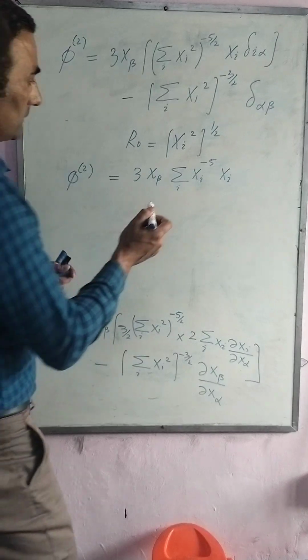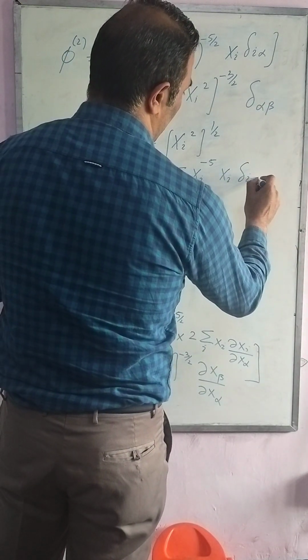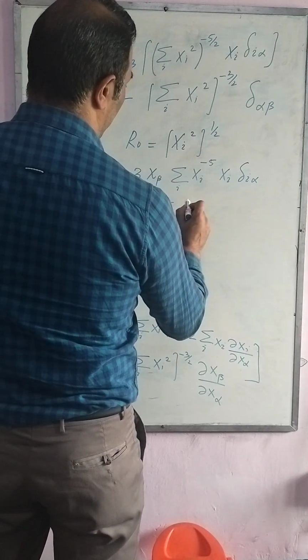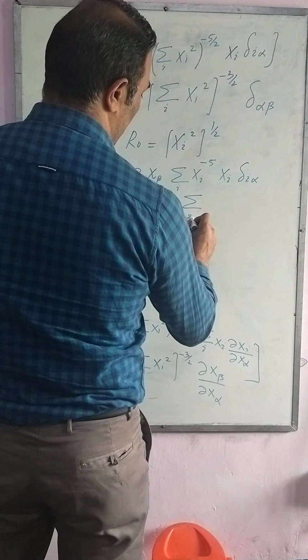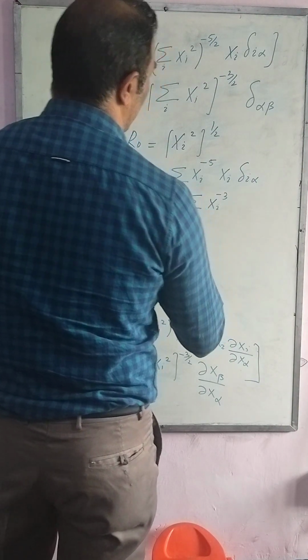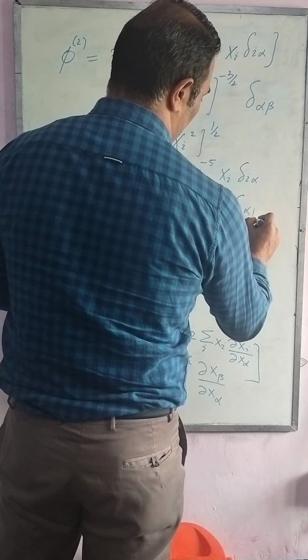So we can write this as, okay, you write that first to delta i. Let me rewrite the whole term, then we can write it. Minus summation over i xi cube minus 3, and this alpha equal to alpha.